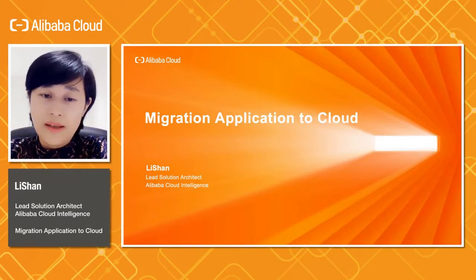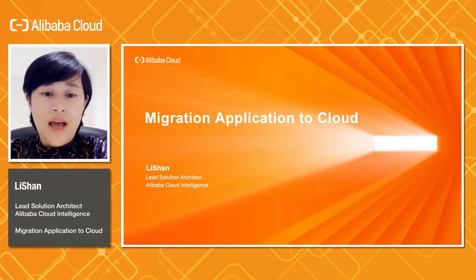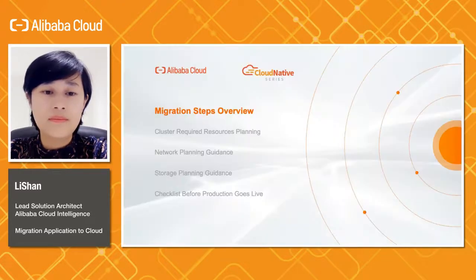Today we'll talk about migrating applications to Alibaba Cloud. If the applications are containerized, it is easy to lift and shift. But when we migrate applications, we also need to plan the Kubernetes cluster required resources, such as how many worker nodes we need, how much resource capacity we need, and which network and storage fit our requirements.